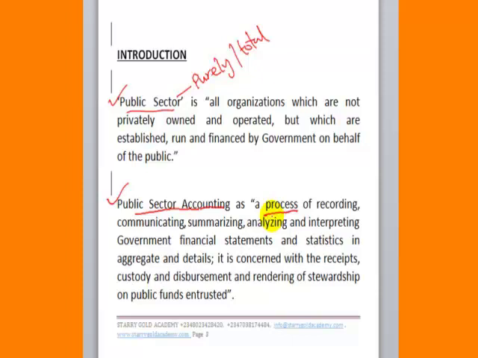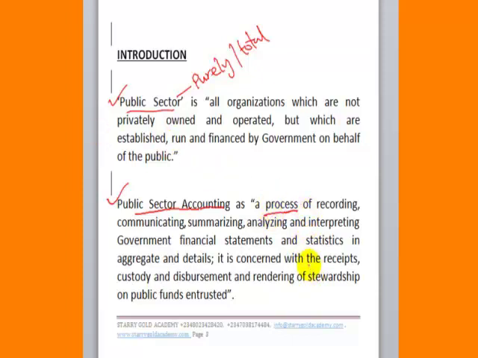And that's what we mean by it has to do with rendering of stewardship to the public. The stewardship of the public fund entrusted in the hand of the government to the public, to the members of the public, or to the citizens of the country. So this concerns the receipt, the custody, and disbursement. So when we talk about the stewardship, it has to do with what?